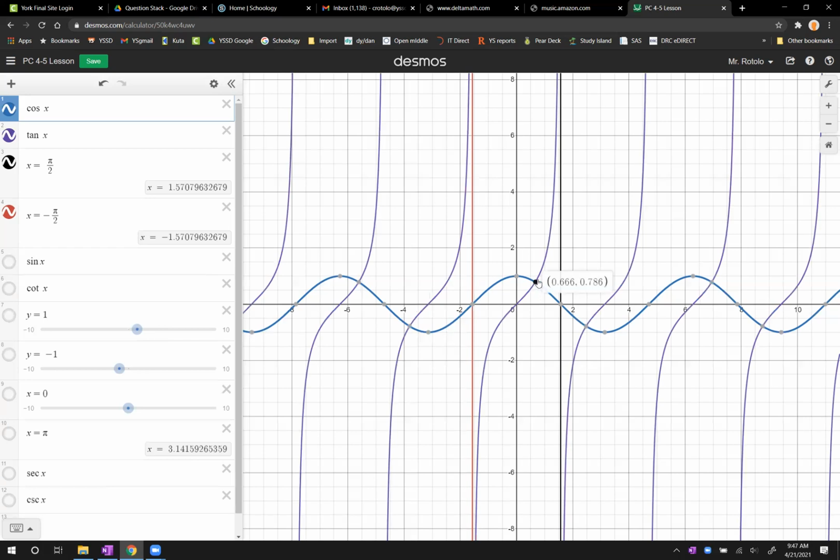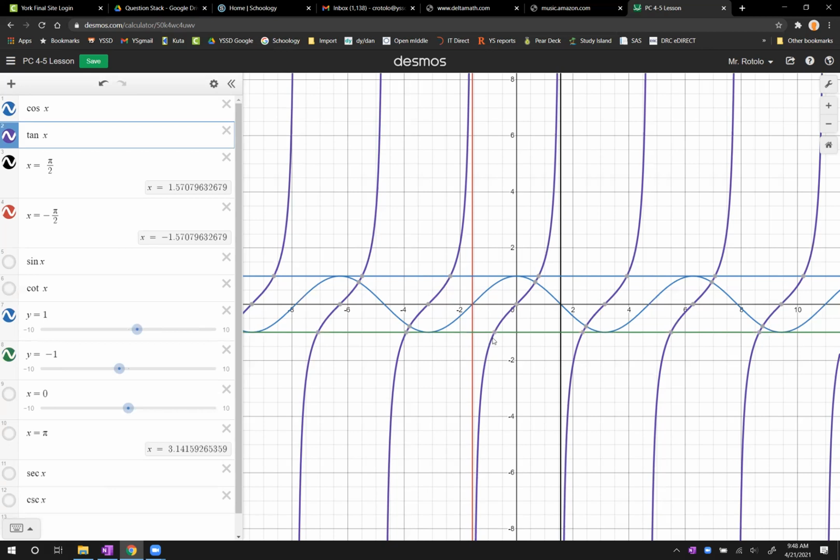Trying to get to 1. Oh, I never remember what I have to do. Okay, so let's get our horizontal line in. If I find this intersection right here, here we are: pi over 4 and 1. And I can also put the negative in as well.